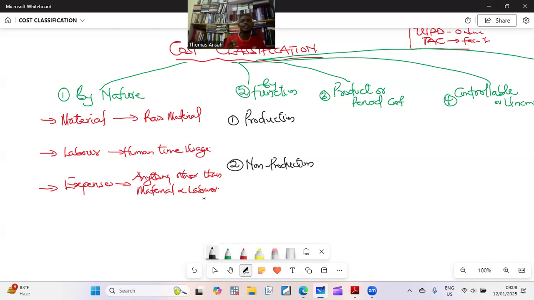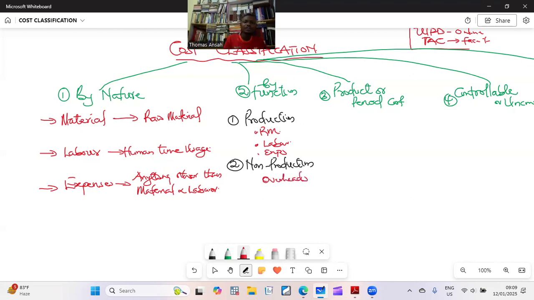So you see that some of them are inside the factory, I mean the production, i.e., you could see that the raw materials are there, the material costs are there. The labor too are there. Those are who are directly. So you see labor too, they are there. All right. Sometimes the expenses may be there, but the expenses that are not at the production side, we call them overheads.